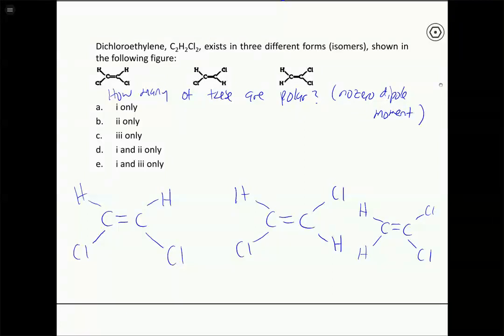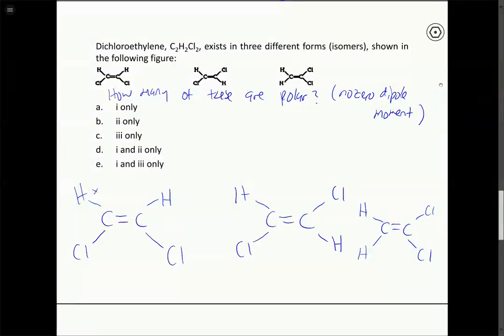And so remember, for molecular polarity, we have to consider the individual dipole moments for each of the bonds, and then we have to decide whether they cancel out, which would give us a nonpolar molecule, or whether they don't cancel out, in which case there is net molecular polarity. So CH bonds are pretty close to nonpolar, but they do have a little bit of a polarity towards carbon.